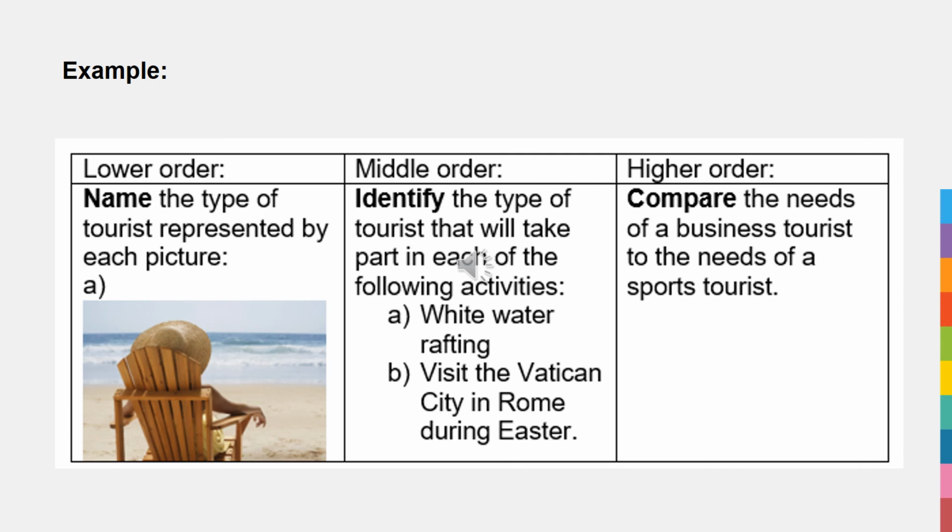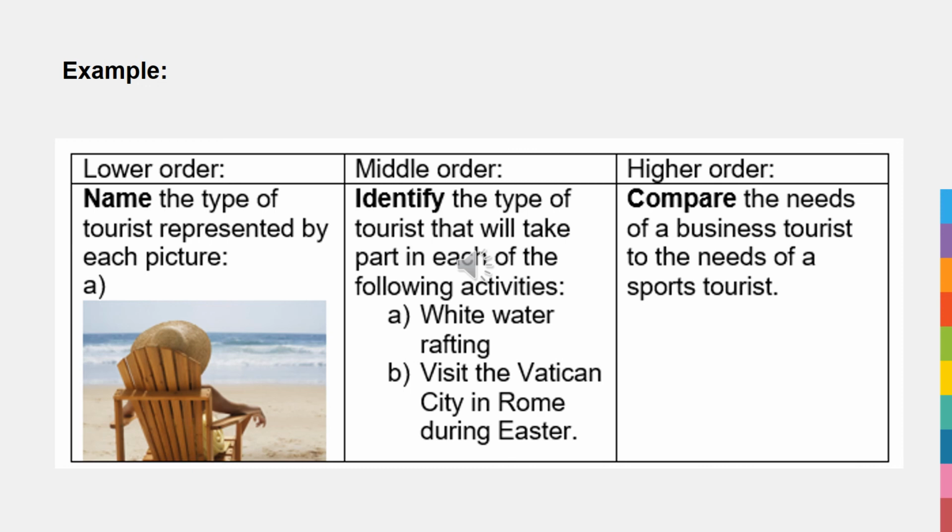Middle order would be a little bit more. So now you're going to tell them, for example, identify the type of tourist that will take part in each of the following activities. You will ask them, explain what a business tourist is. Higher order questions, compare. Now you don't just know this is a business tourist and that is an adventure tourist. You explain, you compare them.